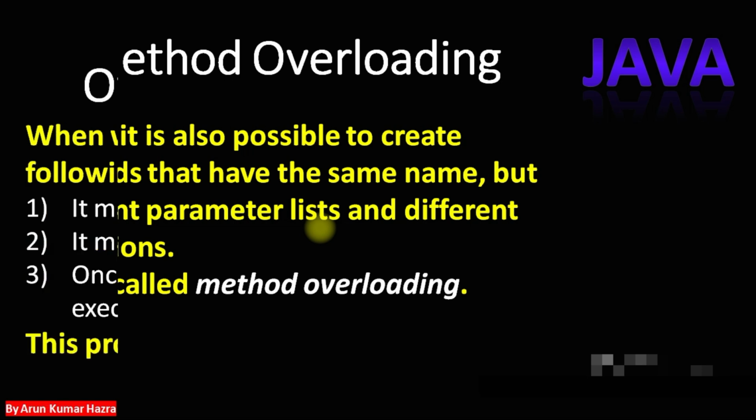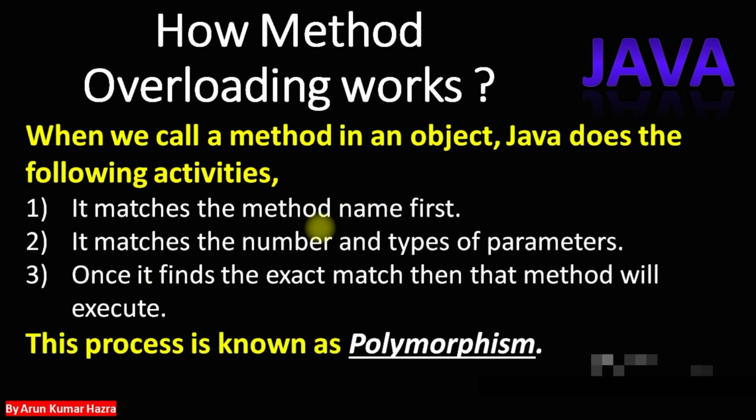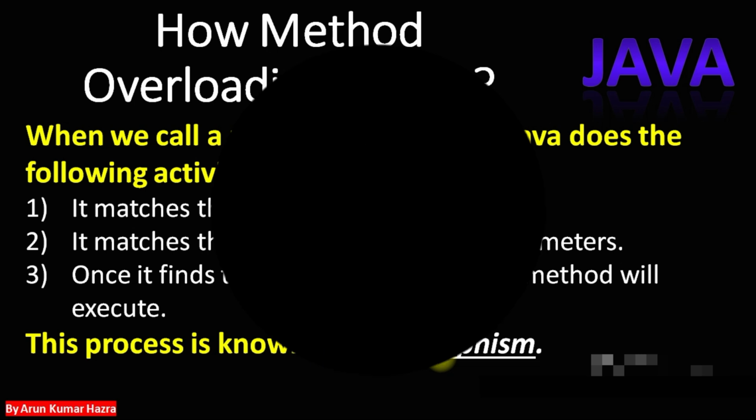Second, the checking process, how to fetch that particular method with two steps: first checking the method name, second checking the number and type of the parameters. This process, or this technique, is called polymorphism. I hope you understand the concept of method overloading and polymorphism. Let's check in our next class.